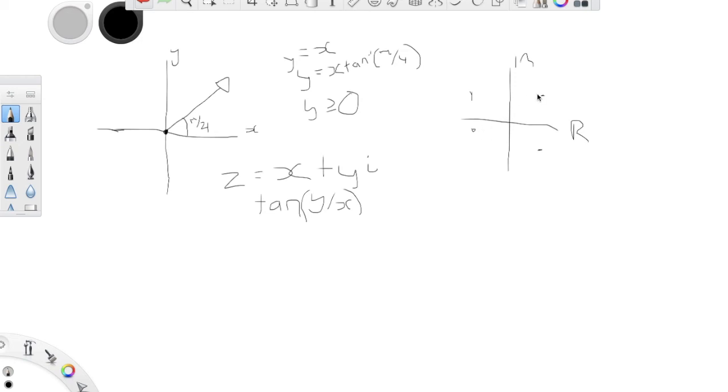So you can write this in complex form as the argument of z equals pi on 4.